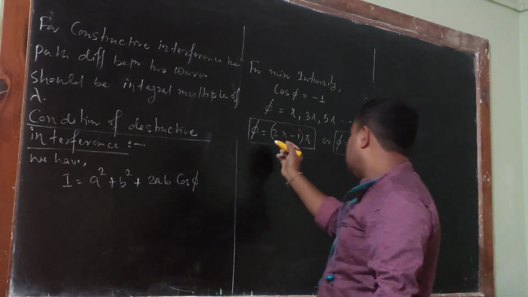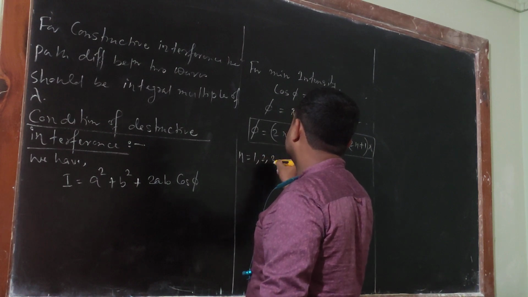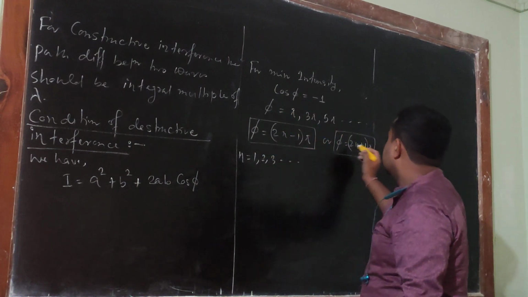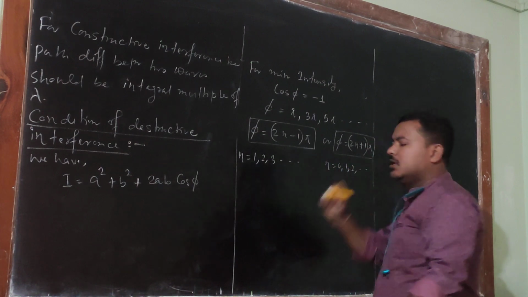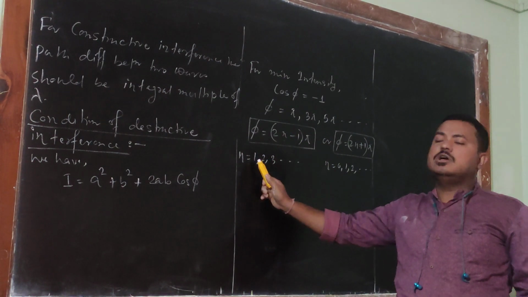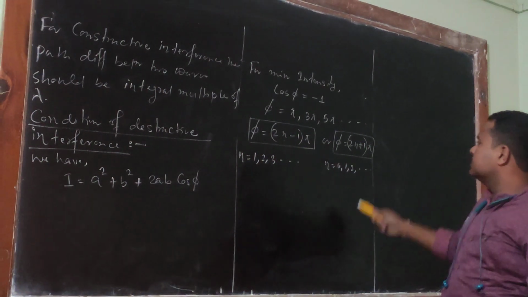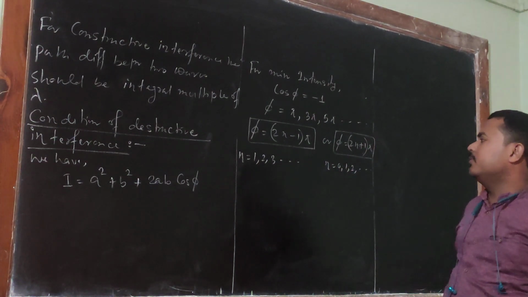If you use 2n minus 1, in that case n will be 1, 2, 3 like that. And if you use 2n plus 1, your n will be 0, 1, 2 like that. So just remember this. If you are using this, n starts from 1. If you are using this formula, then n starts from 0.